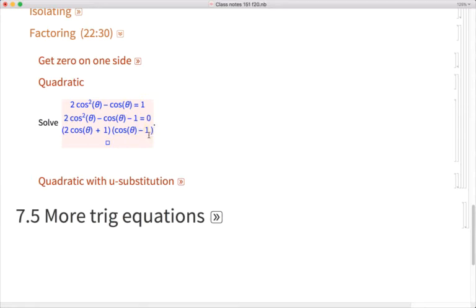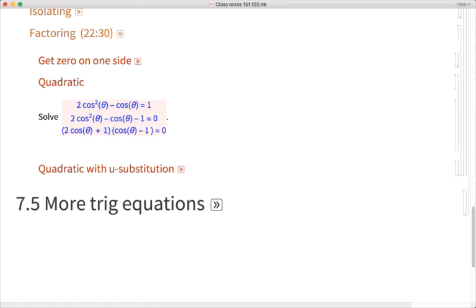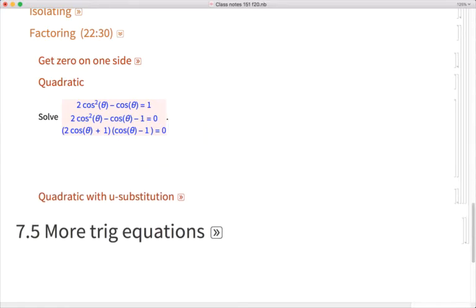And that would equal 0. Let's see if that's right. 2 cosine squared. I get a minus 2 cosine and a plus cosine. Yes, that is correct.